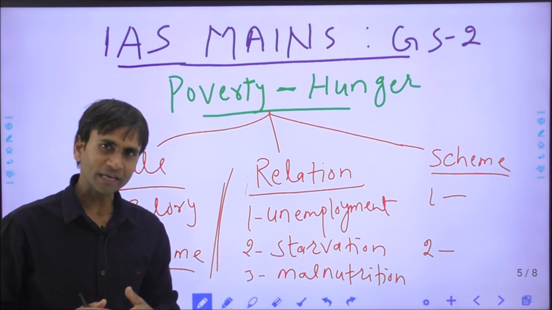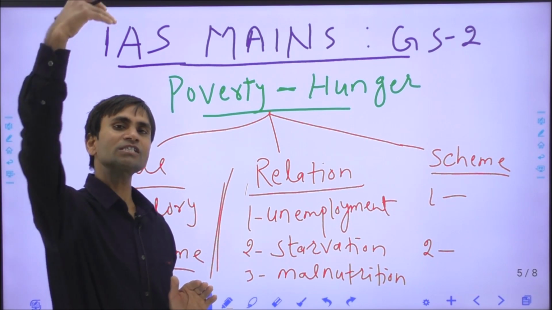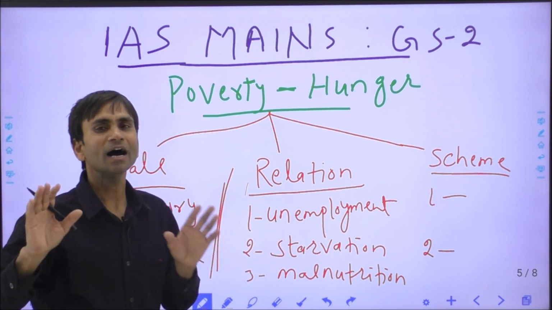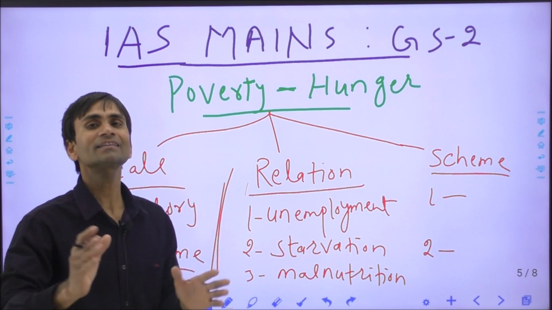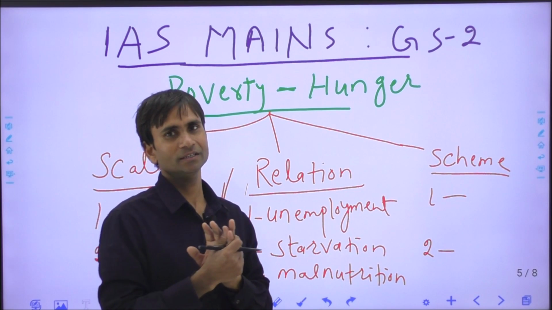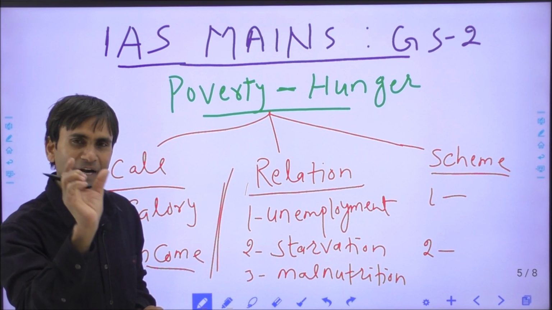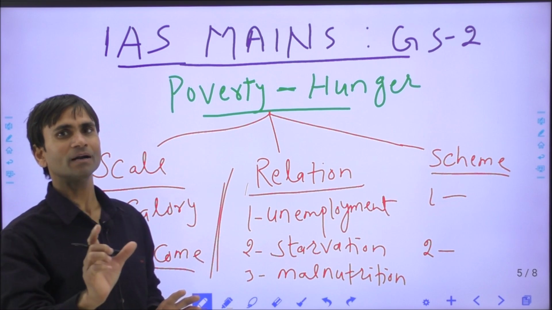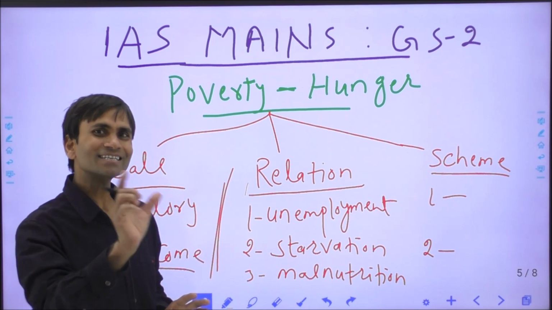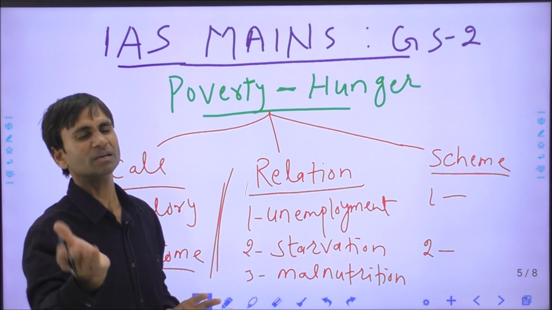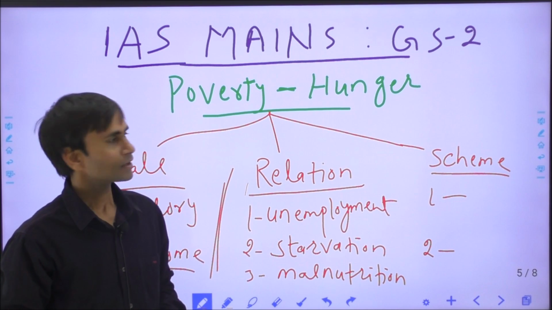Those below the age of 15 or above the age of 60 or 65 are not the unemployed, they are the dependent population. So, the concept of unemployment is only applicable within the age criteria 15 to 60 or sometimes 65.